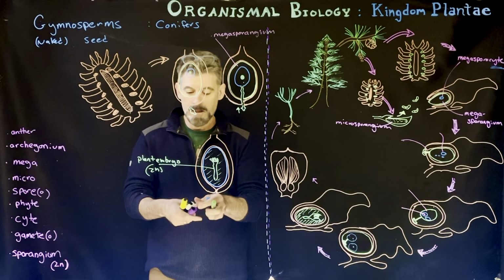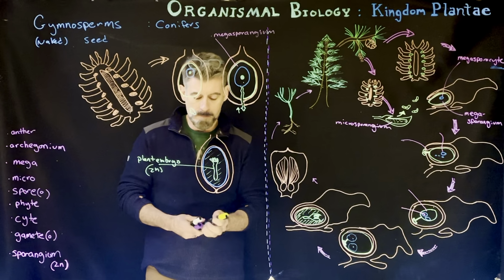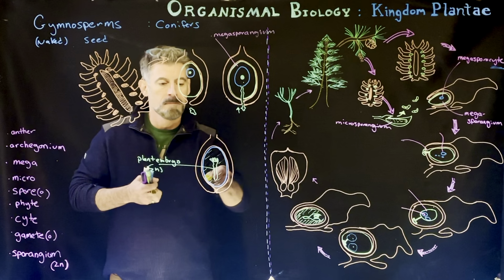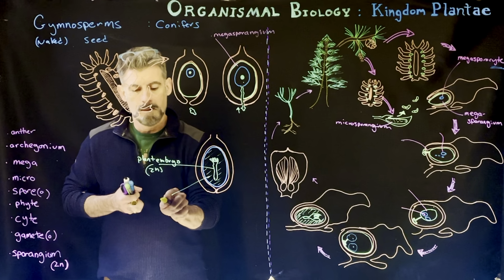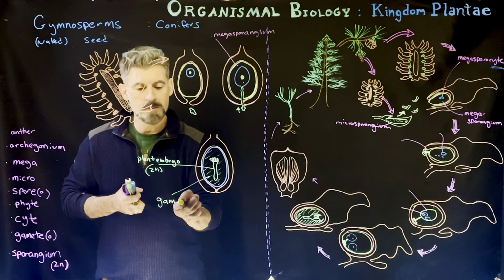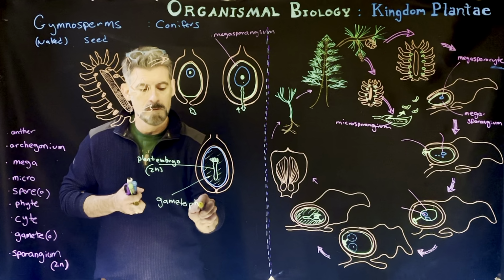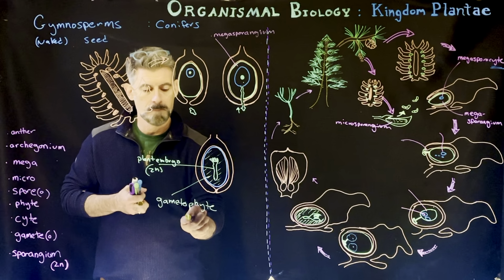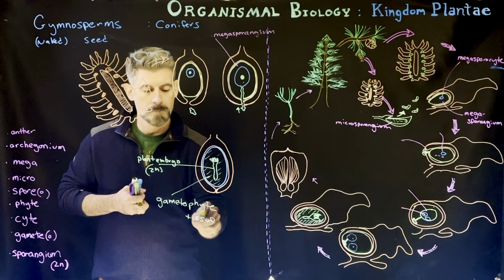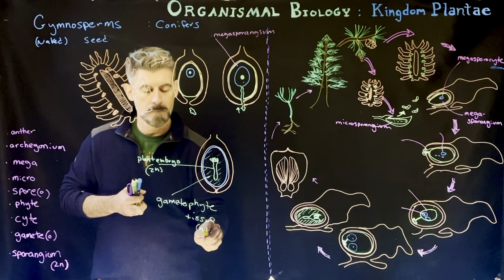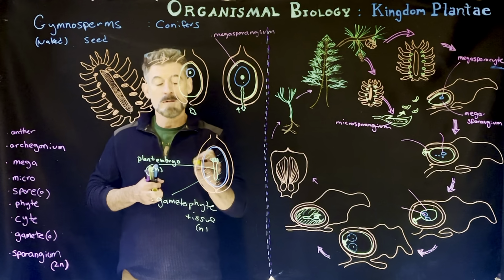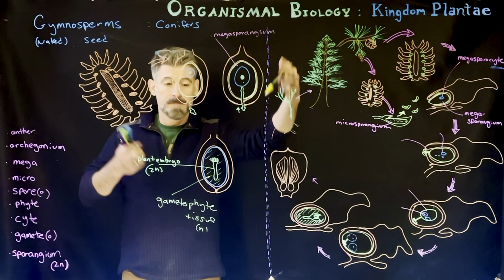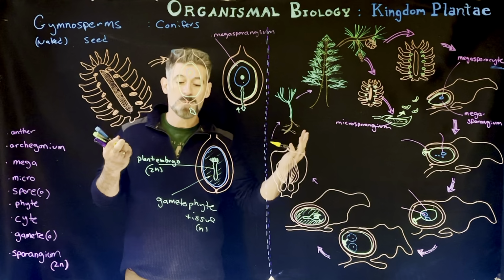We then have, surrounding it, gametophyte tissue. All right, and so the embryo will grow into the sporophyte organism.